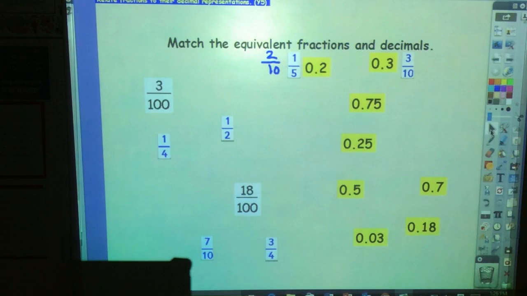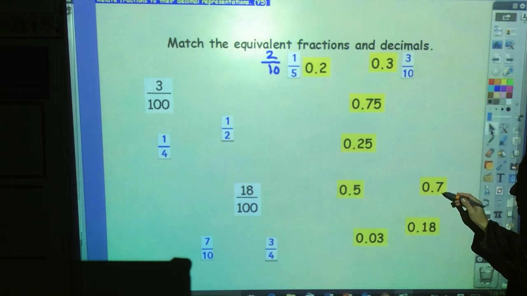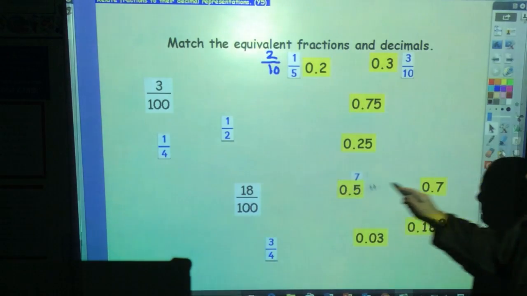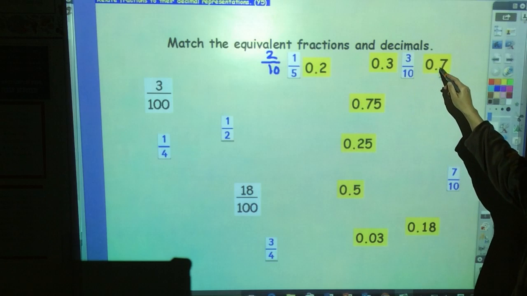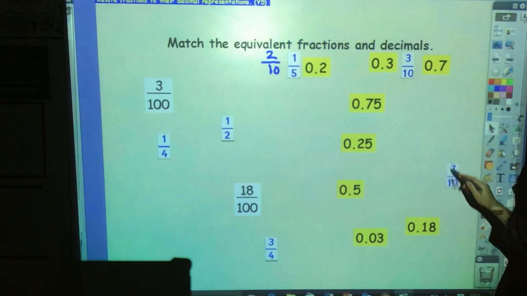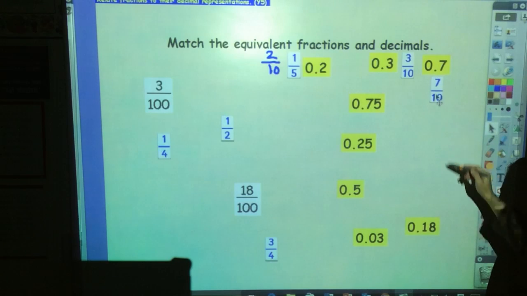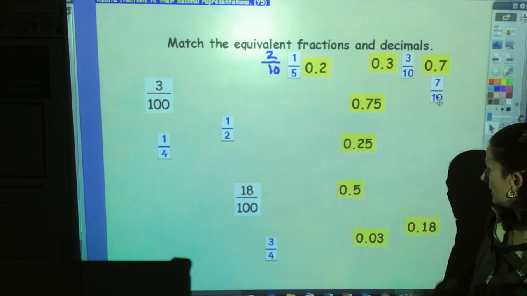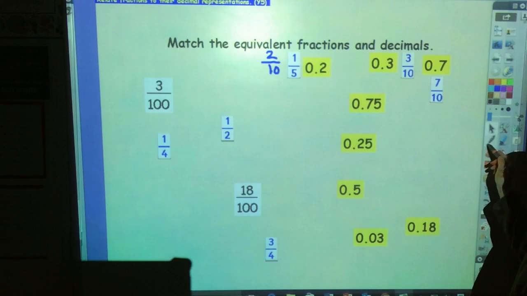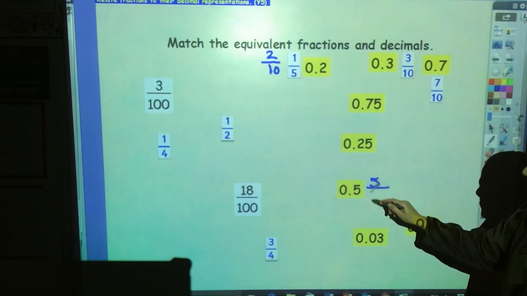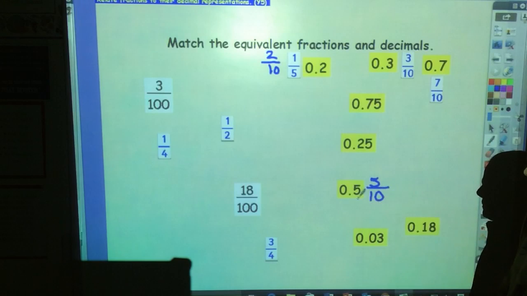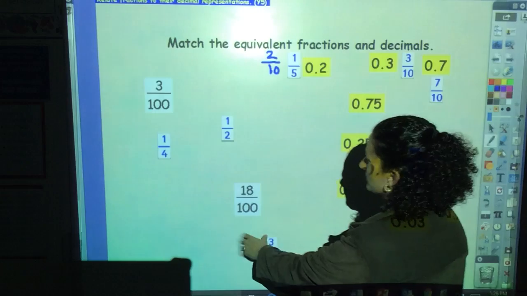All right, let's take a look at this one. This is a pretty easy one, 7/10. And 7/10 cannot be reduced. So there's my next match, 7/10. Here's another one, 5/10. Now I know normally I would write that as 5/10 because the 5 is in the tenths place, but there is no 5/10.